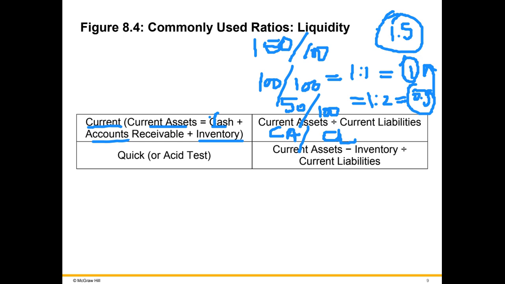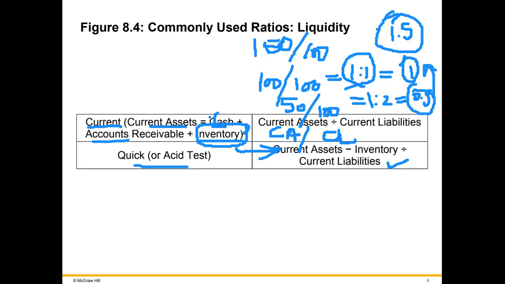There is another way to see how quickly we can pay the current liabilities, which we call the quick or acid test. First we take the current assets and take the inventory out of it, and then divide by the current liabilities. So basically cash and account receivables divided by current liabilities.